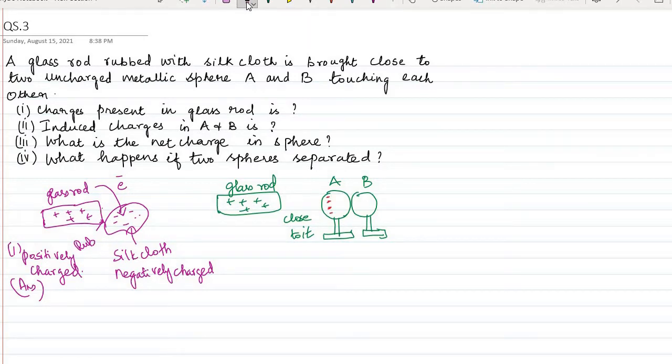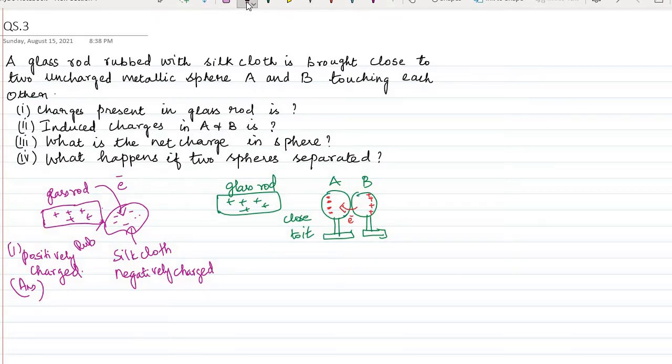All the electrons from sphere B get accumulated towards the left end of A. The electrons are moving, and far from the glass rod, the positive charges get accumulated, because positives are repelled by this glass rod.